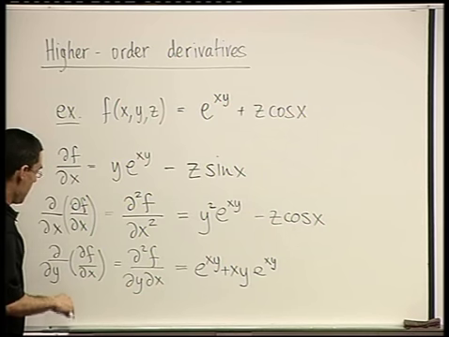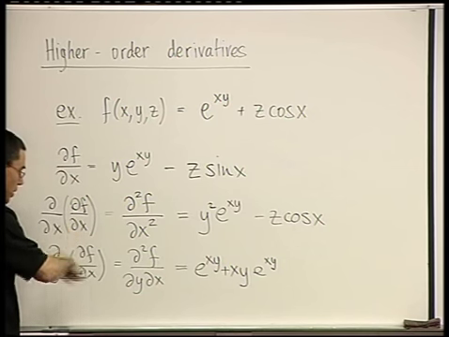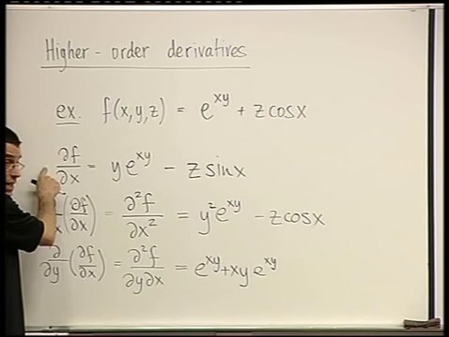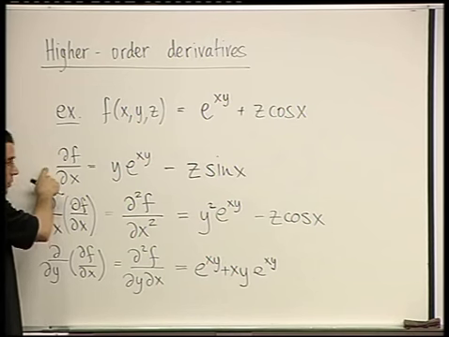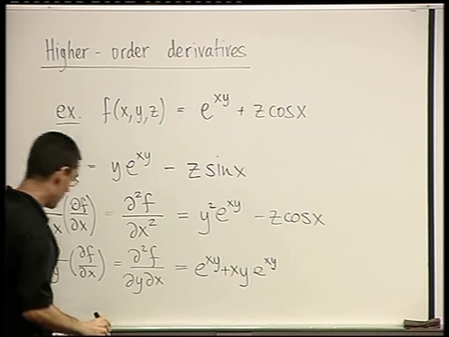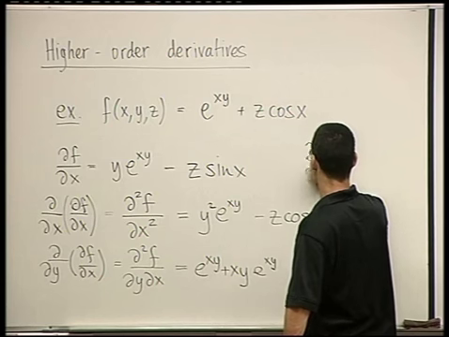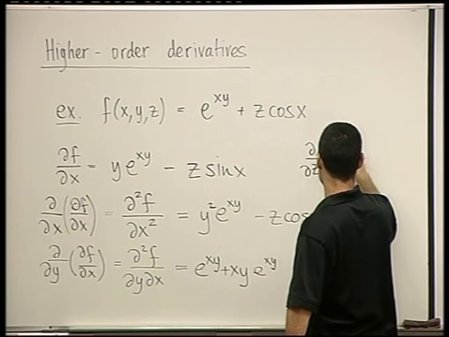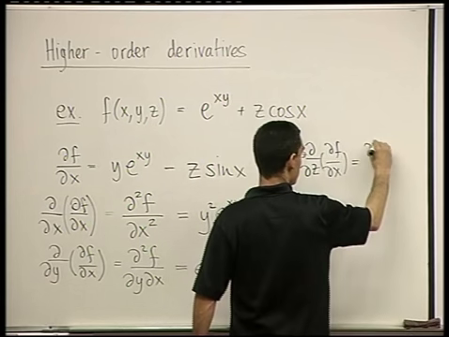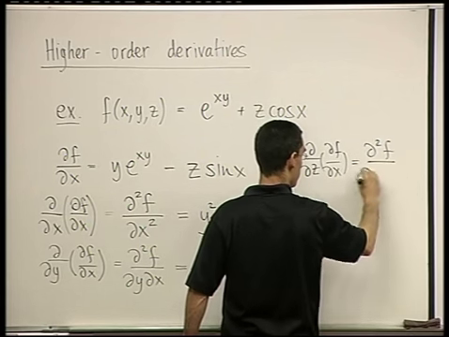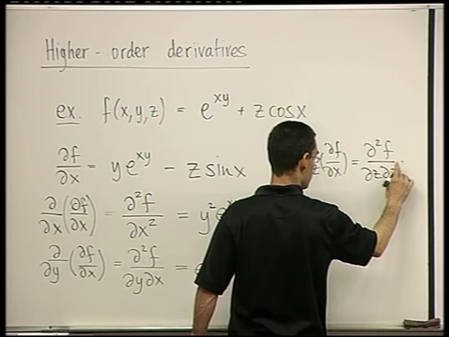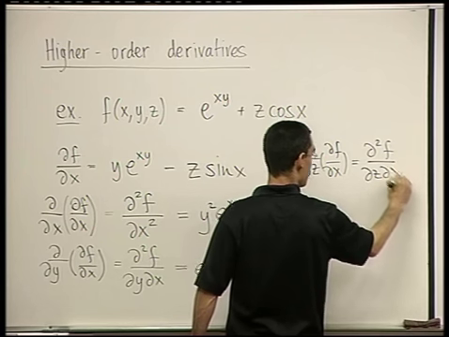One more second order partial derivative for this is taking the derivative of this with respect to z. What's the derivative of df/dx with respect to z? I'm out of space. Let's do it here. The derivative with respect to z of df/dx, which can be written as d squared f over dz dx.